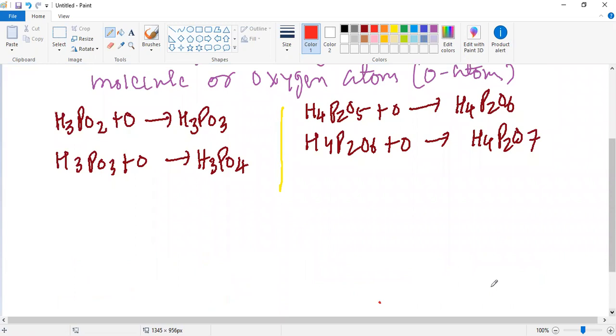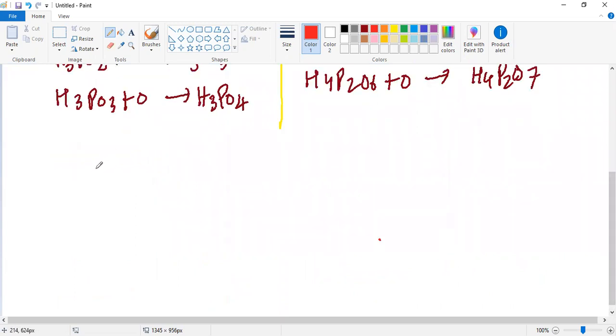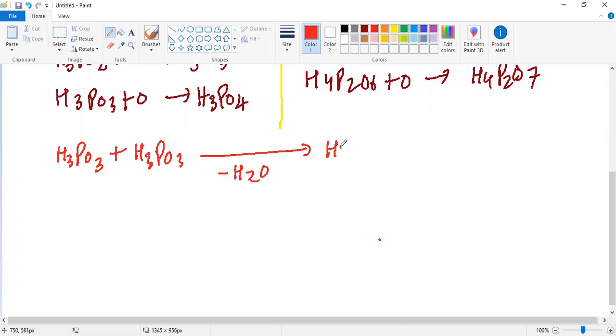Now let us study some more examples. If you have H3PO3 plus H3PO3, by the loss of a water molecule we will get H4P2O5.